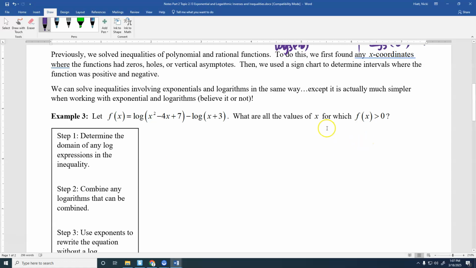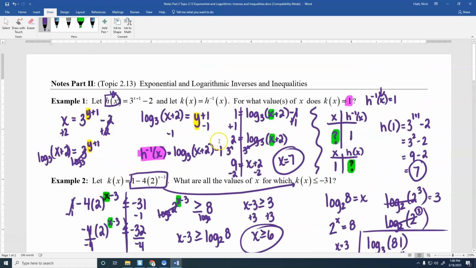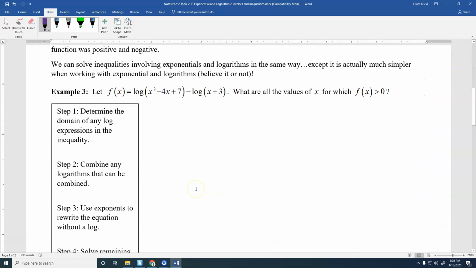Okay, when we have inequalities, but we have more than one log, it's going to make it a little bit more difficult to do the problem. So when we have inequalities with more than one log, we have to be more careful. And these two weren't log problems, so I didn't have to check for extraneous solutions.